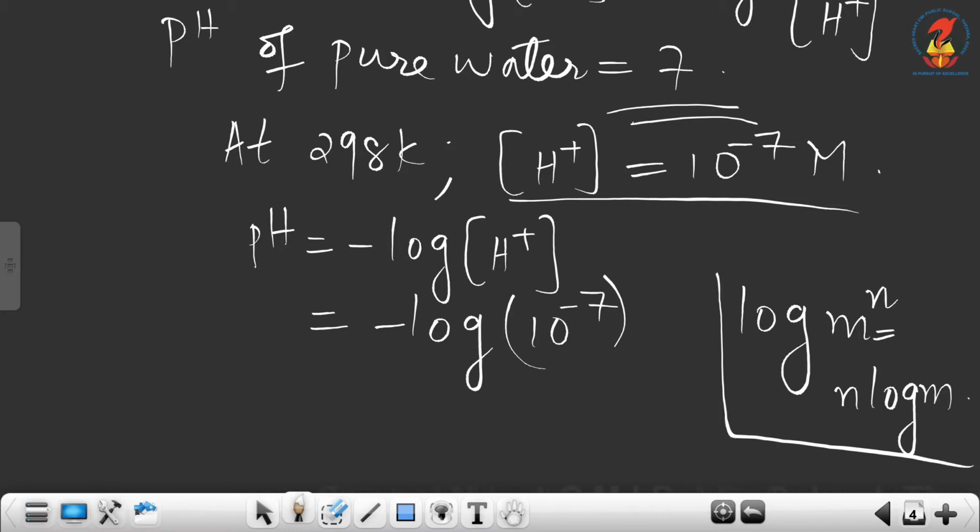So this is the power law which you learn in logarithm. So here we can write minus log 10 raised to minus 7 as minus, then minus 7 log 10.